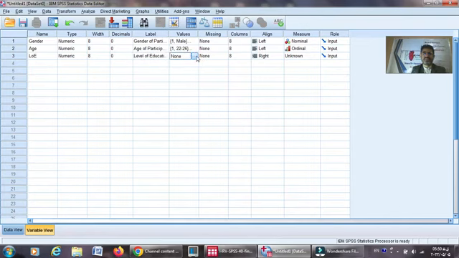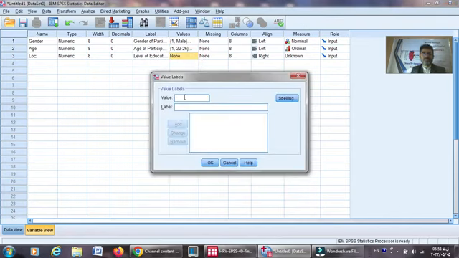Then we put values: 1 for 12th grade or baccalaureate, 2 for bachelor degree, 3 for master's degree, and 4 for PhD.